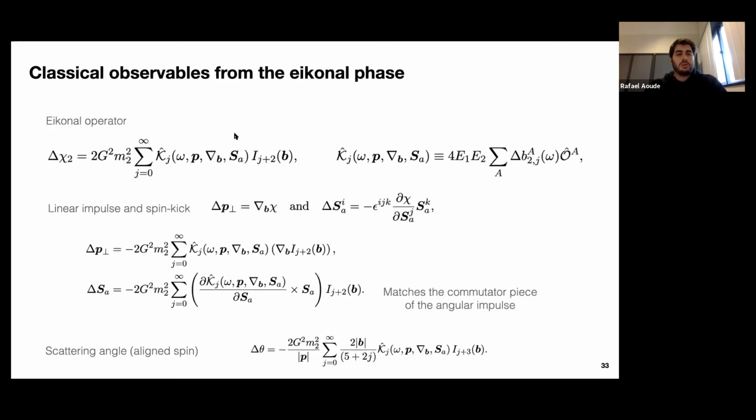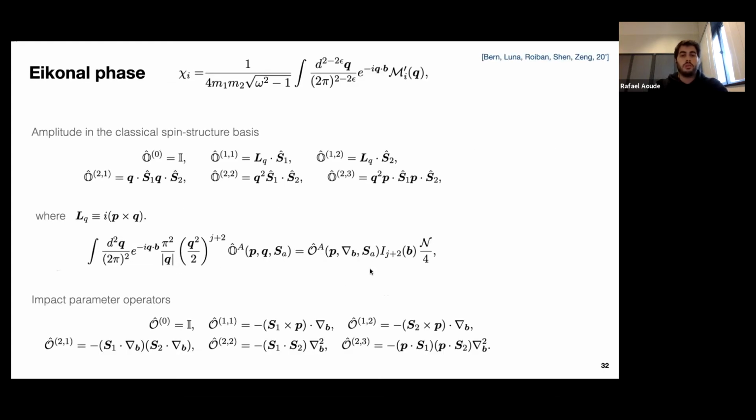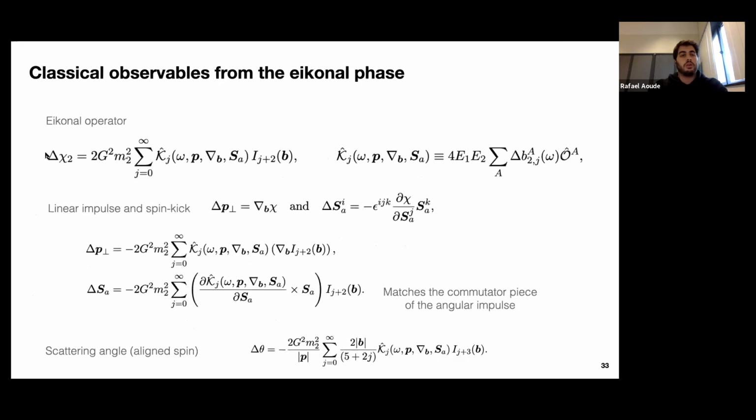So going along, the nice thing about pulling out the operators is that you can write your eikonal phase, the tidal part of the eikonal phase, as an operator acting on the integral which only depends on the impact parameter. And this operator, this is the summation on the mass dimension, so it's increasing in J, and the operator can be written as a summation on the operator types here with some coefficients in the front.